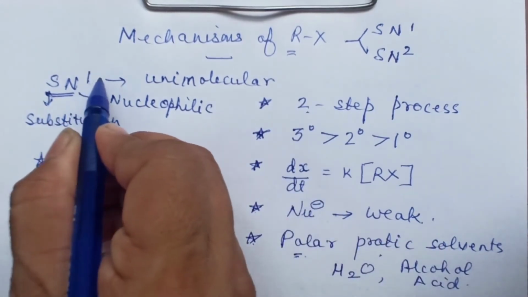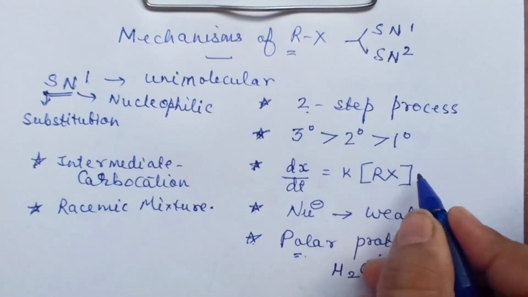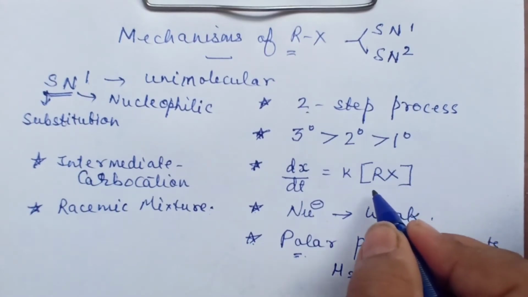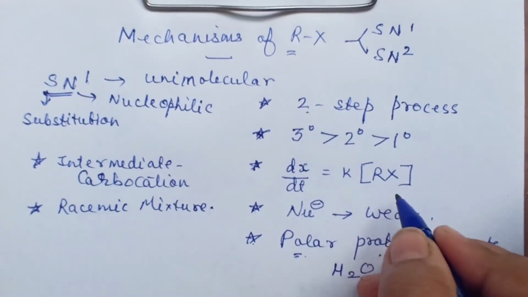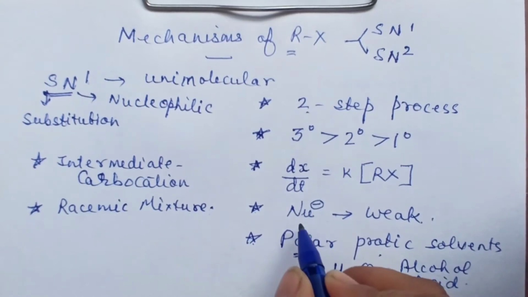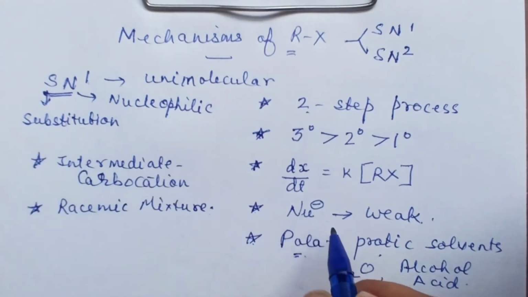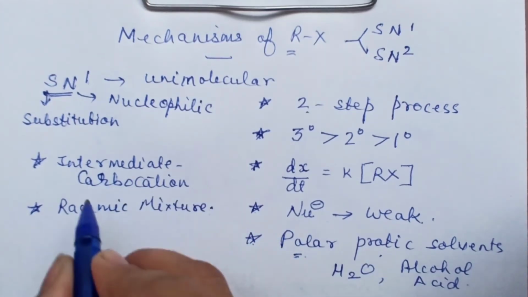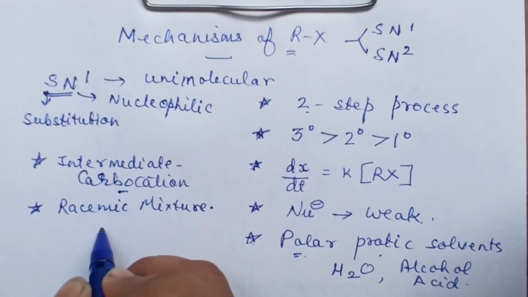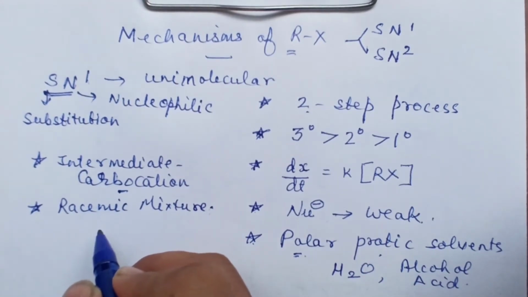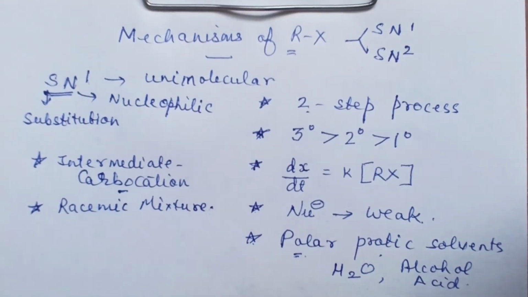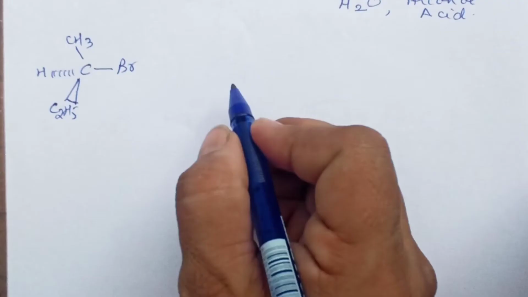And 1 means unimolecular, so it is dependent on only one concentration term, and that is the alkyl halide concentration. The nucleophile which is attacking here is weak. Carbocation is the intermediate, and a racemic mixture is formed. Now exactly what happens in this, we are going to discuss just now.